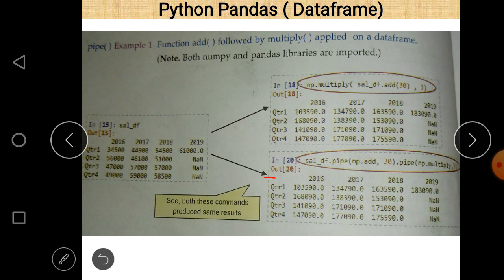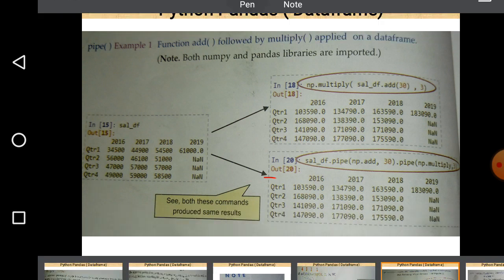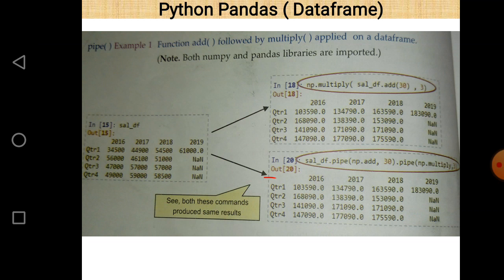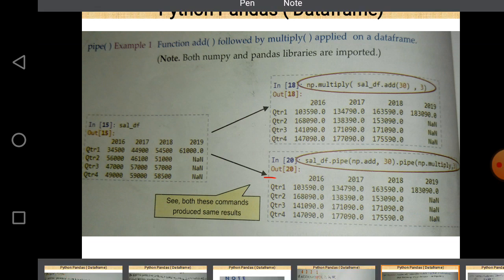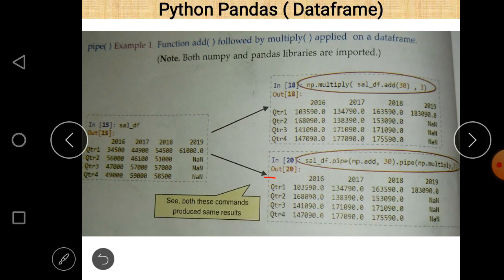As we know, according to the BODMAS rule, brackets are solved first, so that's why the add function will be solved first, and after that the multiply function will be solved, and there is no pipe function at all.